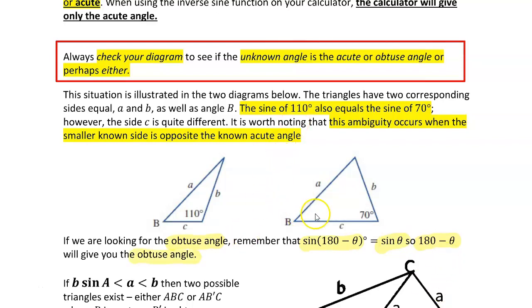So if you're looking back at this example here, 180 take away 70 gives you 110. I'll go through that again. 180 take away 70 gives you 110 degrees. Okay, so it just depends on that diagram.